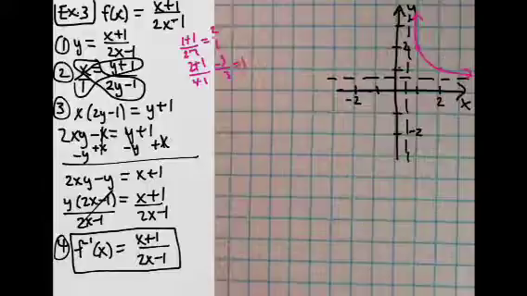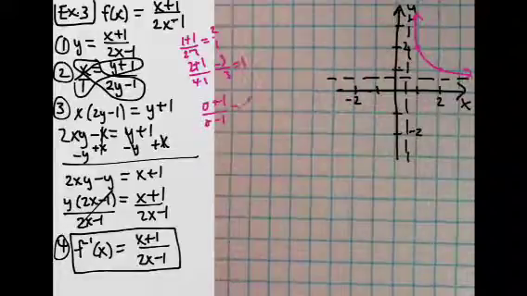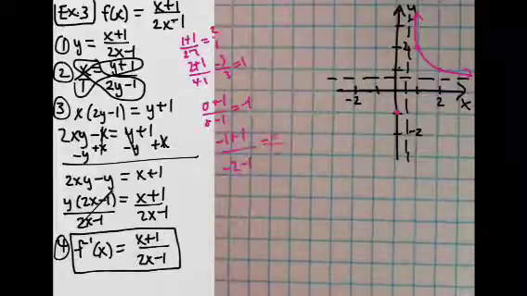On the other side, if x is 0, so I get 0 plus 1 over 0 minus 1, I get negative 1. And if x is negative 1, negative 1 plus 1 over negative 2 minus 1, so I get 0 over negative 3, which is 0. So you connect the points.